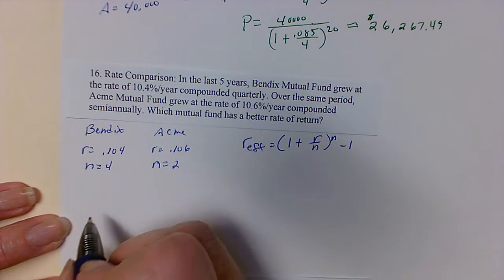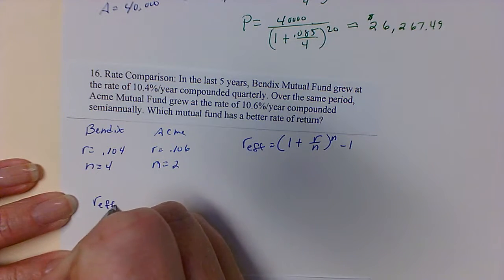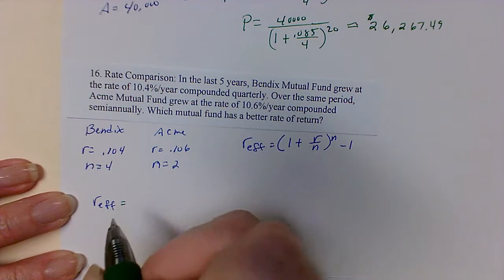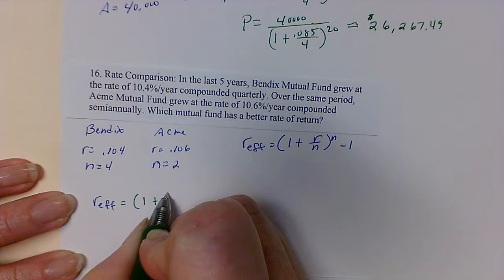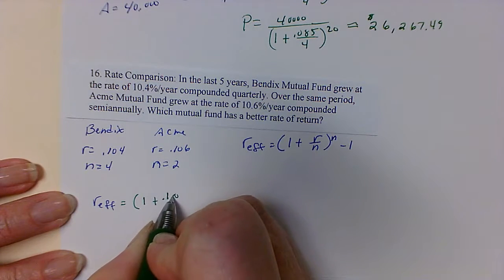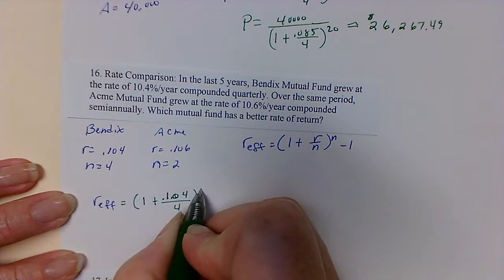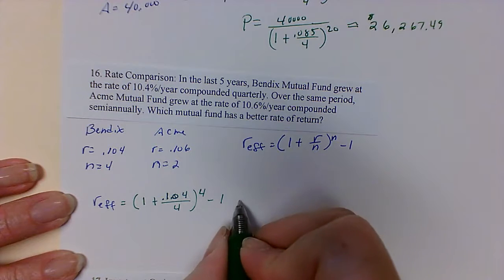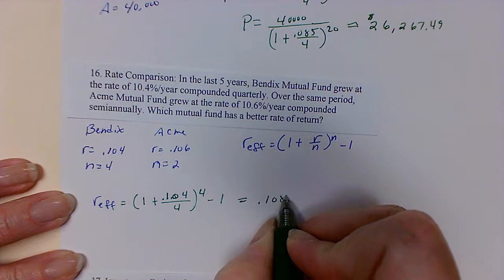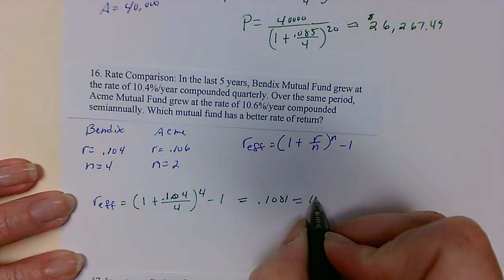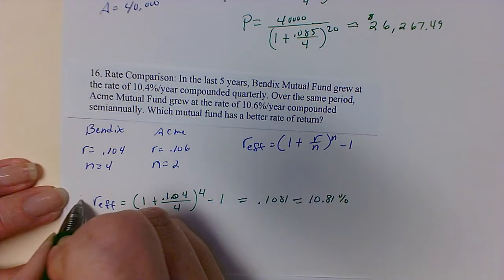So for Bendix, our R_EFF will be equal to 1 plus 0.104 divided by 4 raised to the 4, minus 1. Put that in a calculator and we will see that that's about 0.1081, which equals 10.81%. And this again was for Bendix.